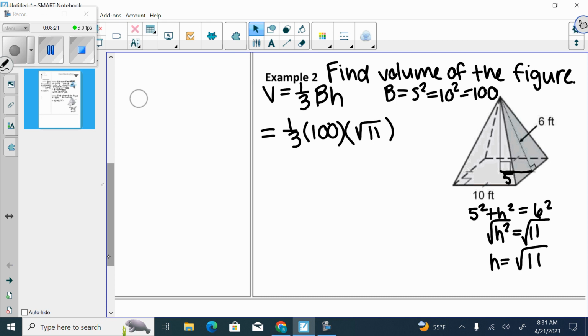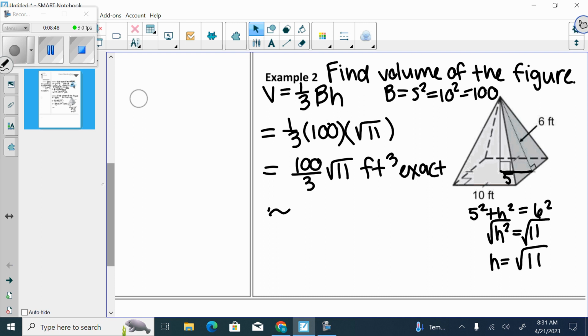All right, so if I want to keep this as exact as possible, I can multiply the 1/3 and the 100, but I'm not going to actually multiply by the square root of 11 if I'm keeping my answer exact. So my exact answer would be 100 over 3 square root of 11 feet cubed, right? As our exact answer.